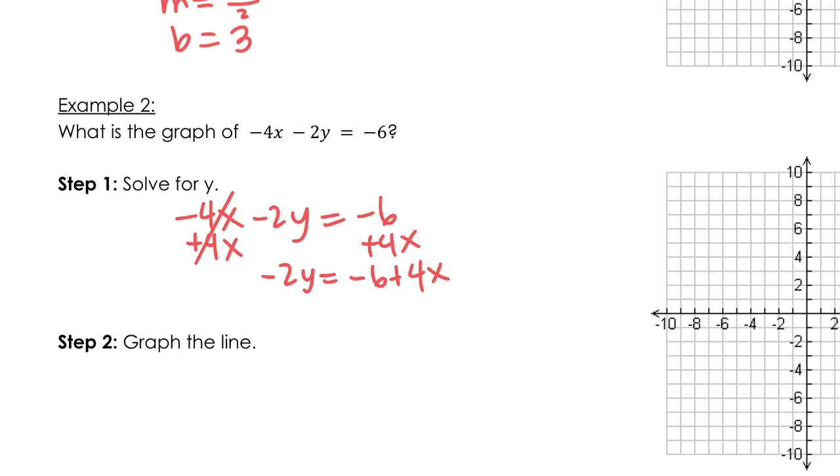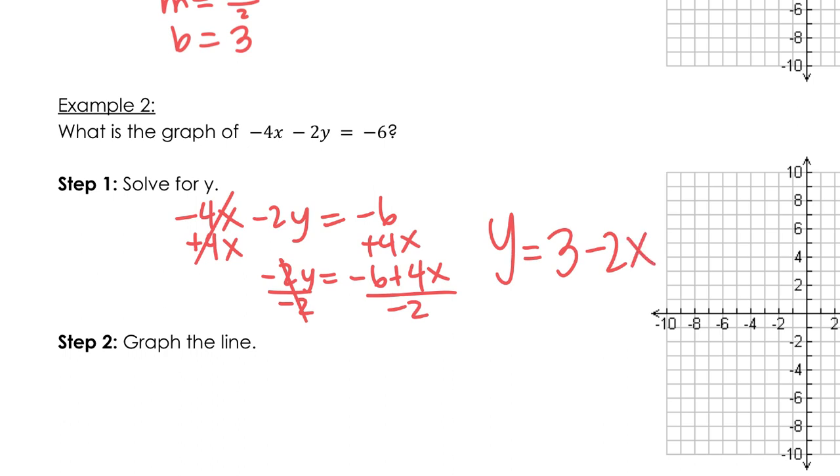Can't put those together. Now to get rid of that -2, I'm going to divide by -2 on both sides of my equation, leaving me with y equals, use your calculator if you need to, -6 divided by -2 gives me a +3. -4 divided by -2 gives us a +2. And don't forget that x on the end.